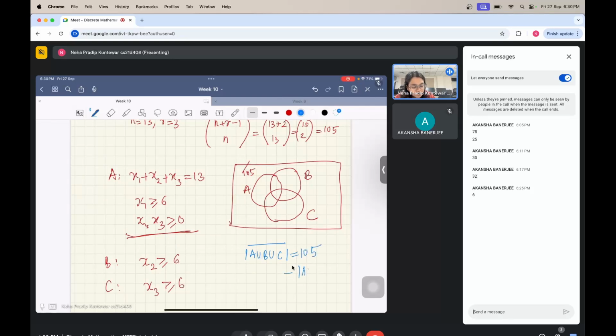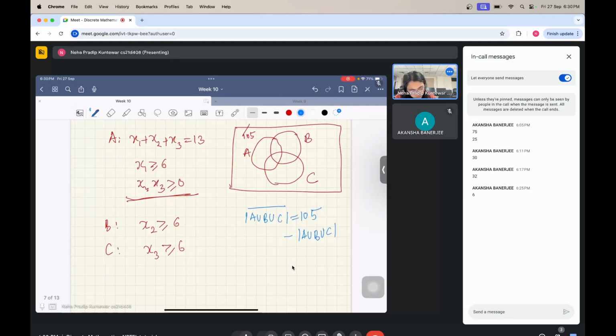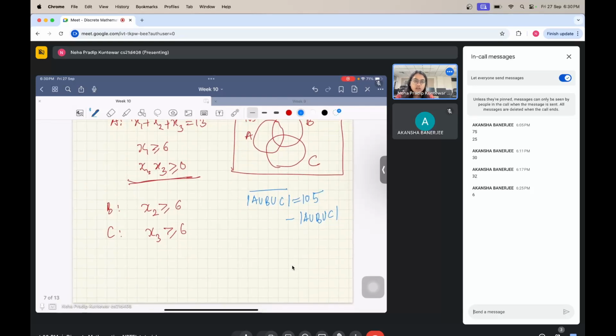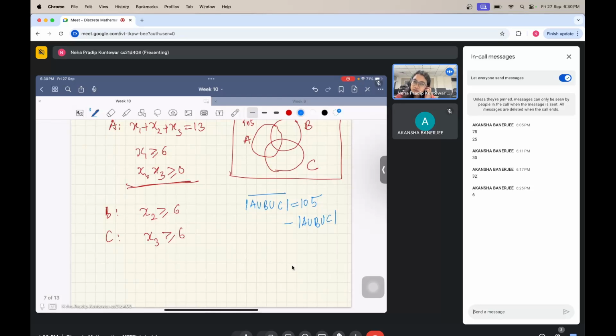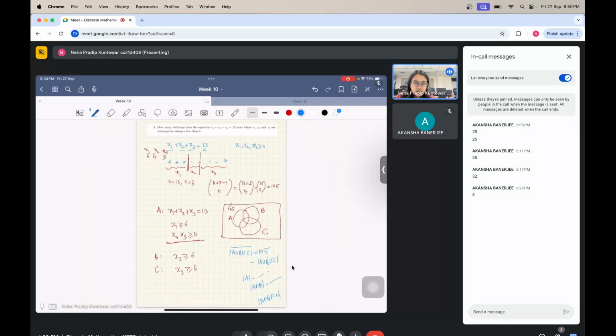Out of that we are going to subtract A union B union C. We know the formula for A union B union C. We want to find the values of the individual Ai's, the count for pairwise intersection, and the count for A intersection B intersection C. When I say this, I mean all the symmetric cases that are possible. So that's going to be the general idea.